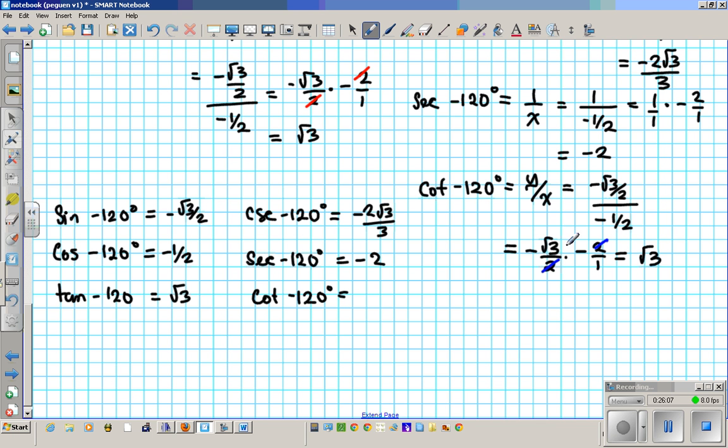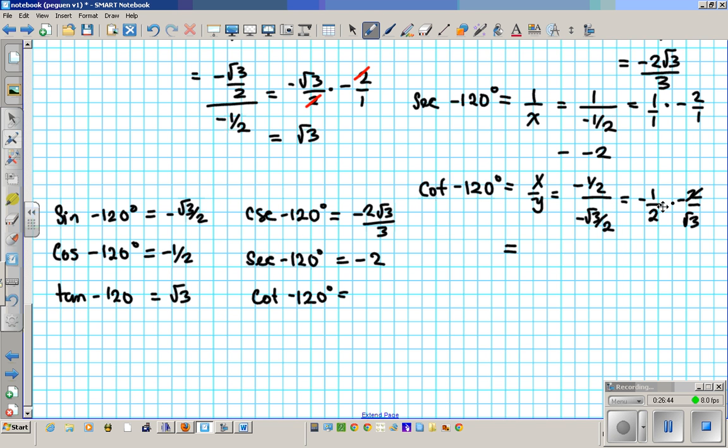So let's revisit this problem right here. This one was supposed to be x over y. Sorry about that. It's supposed to be x over y. So that's negative 1 half divided by negative root 3 over 2. And when you DCF it, it's going to be negative 1 half times negative 2 over root 3.